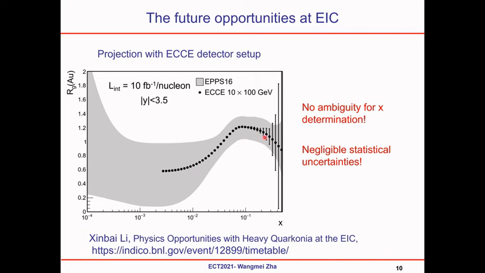Which means that at the future EIC we have the opportunity to directly determine the shadowing from the measurement. If you are interested, you can look at the presentations recently given at the workshop on physics opportunities with heavy quarkonia at the EIC.